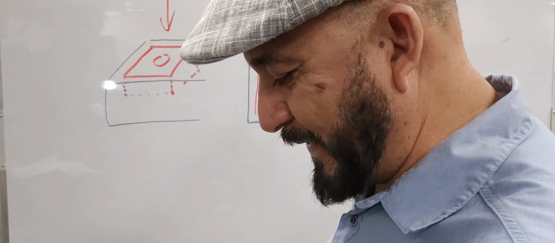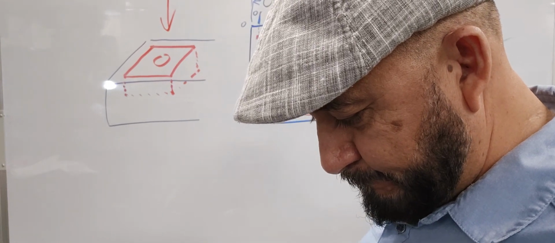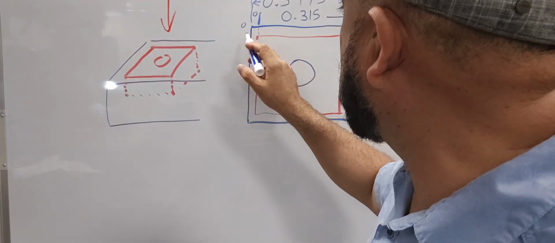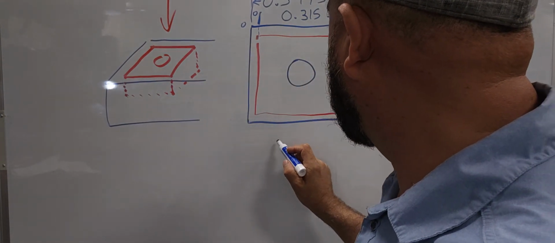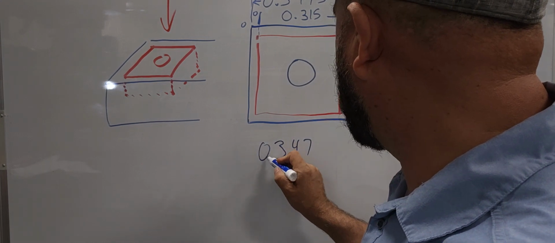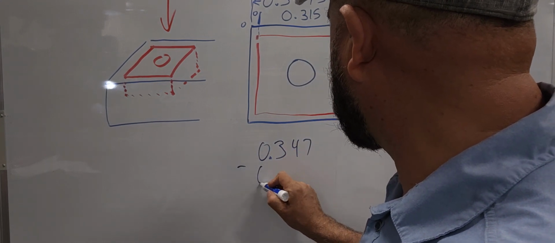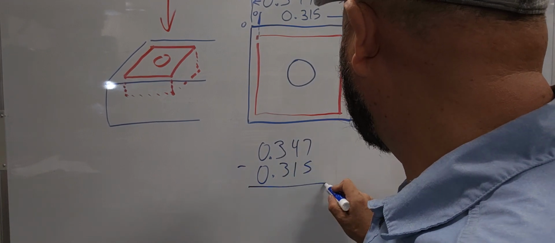So now that we know that, we can subtract this from this and find out what's this edge right here. So we got 347, 0.340 minus 0.315. What do we get?